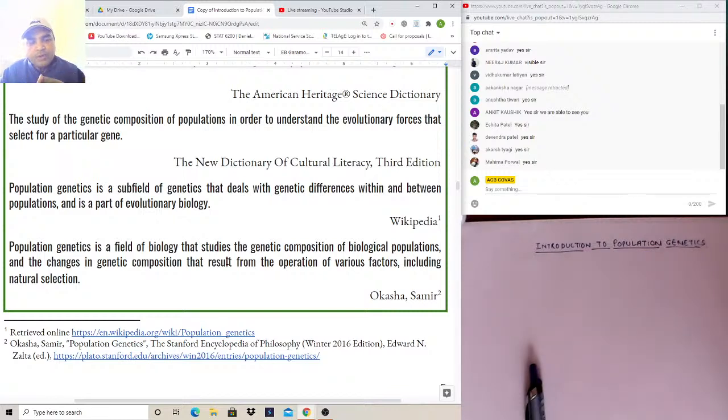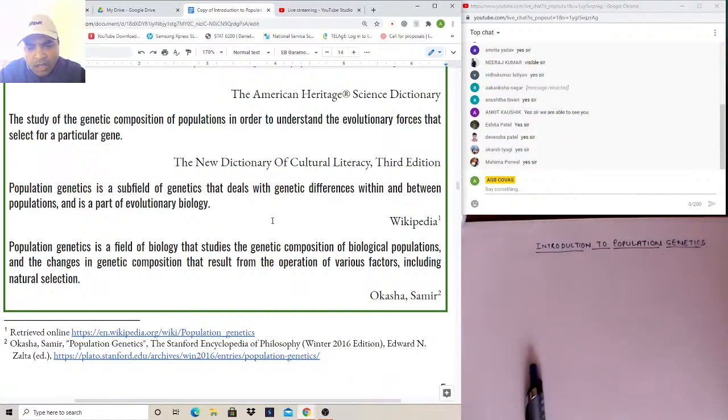In population genetics we want to understand the genetic differences, not the phenotype, within and between populations. And it is a part of evolutionary biology. Evolutionary biology itself is a subject, and population genetics is a part of that subject.